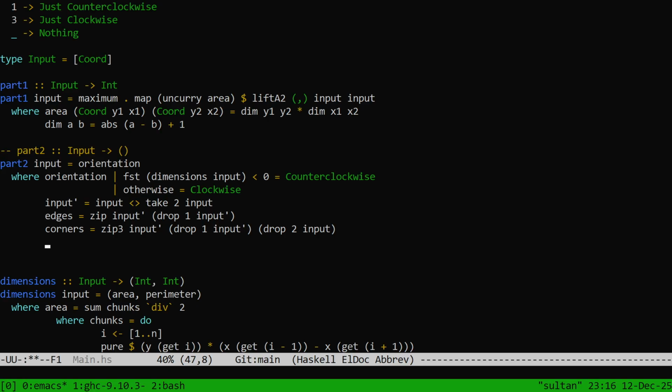So I could say reds is just input. I don't even need input prime because I'm not actually drawing the edges in, right?